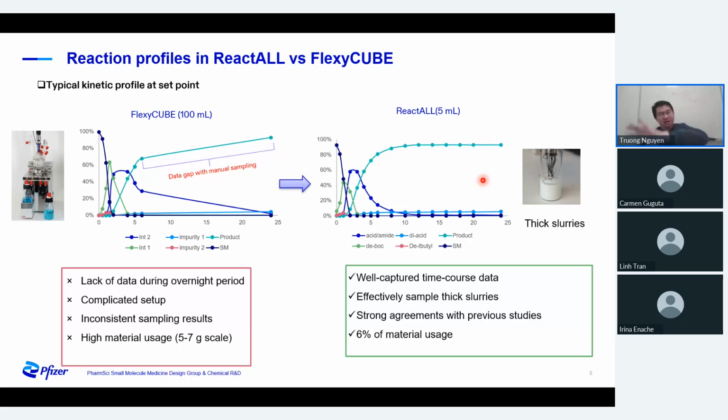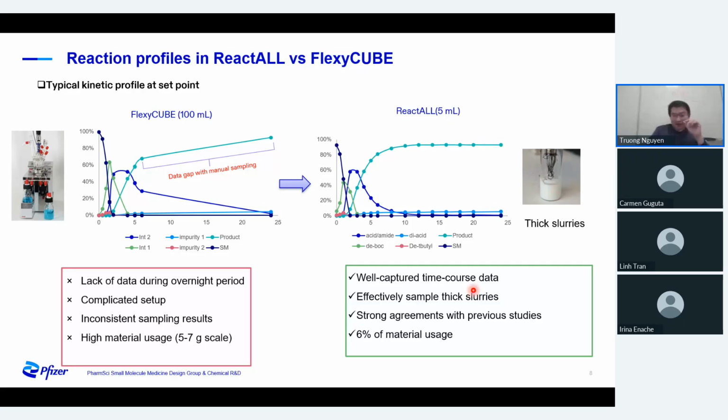And in general, you can see that there is strong agreement across multiple components, the impurity and the intermediates. Even with poor physical property like a thick slurry like this, it actually has good comparable data between the two reaction platforms.